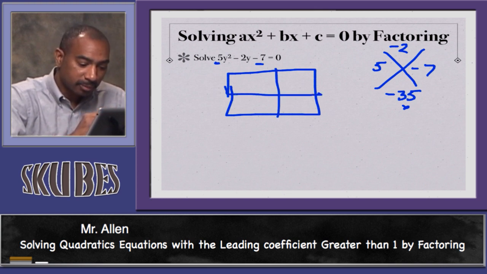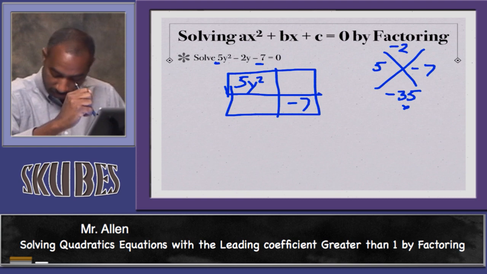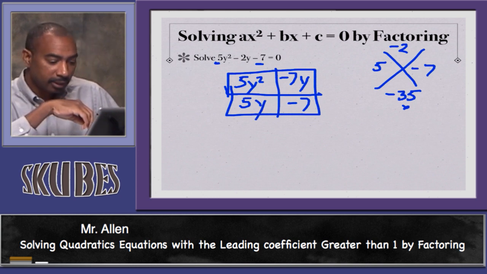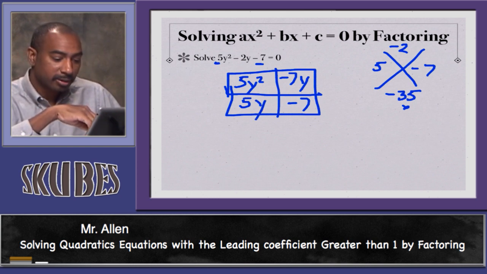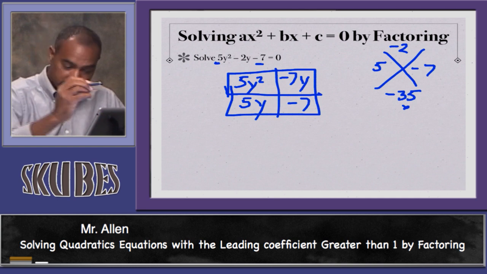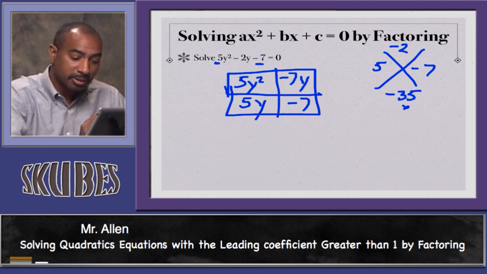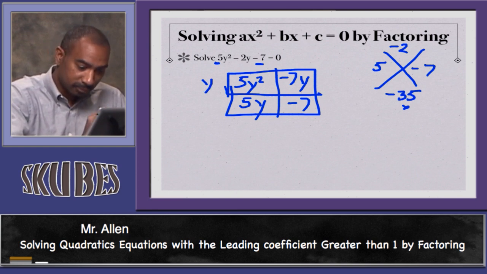All right, so you know this has to be 5y squared. This has to be negative 7. And you're going to put negative 7y, 5y. And you want to take the greatest common factor out of it. So in this case, between 5y squared and negative 7y, 5 and 7, there's no common factor there, but you could take a y out of there.